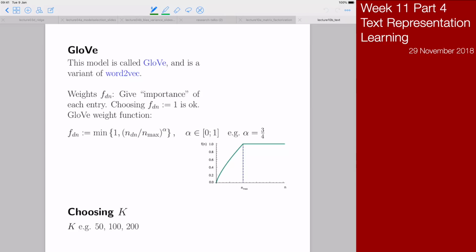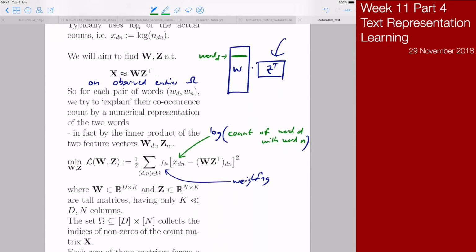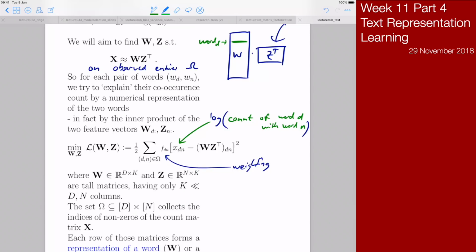What I have not told you yet is how to choose these weights. We said that some of the words are weighted a bit more and some are weighted a bit less, when they appear together. The idea is, and this is always important if you do problems with text, even what we described at the very beginning, if you do this naive one-hot encoding or bag of words, then it's very important that you do a weighting of the words.